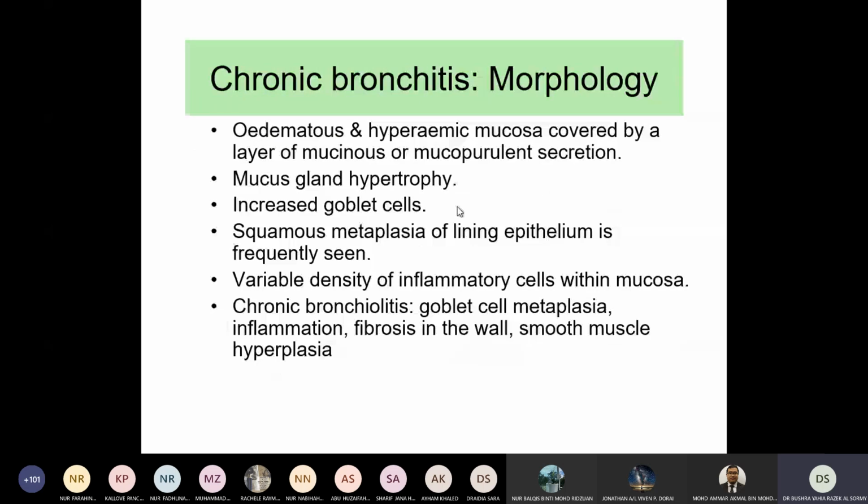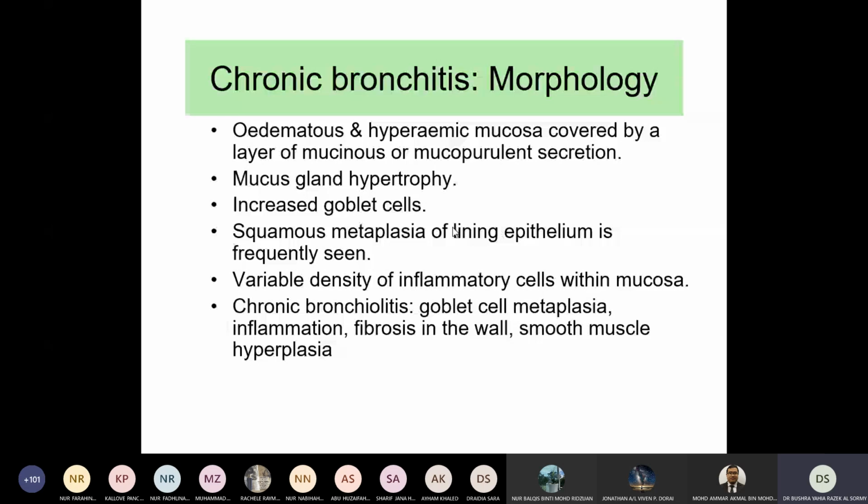As for the morphology, usually you can see edematous, hyperemic mucosa covered by a layer of mucinous or mucopurulent secretion. The mucus glands are hypertrophied, because the mucus comes from them. Also there is increased goblet cells, goblet cell hyperplasia, and squamous metaplasia of the lining epithelium because of chronic irritation.